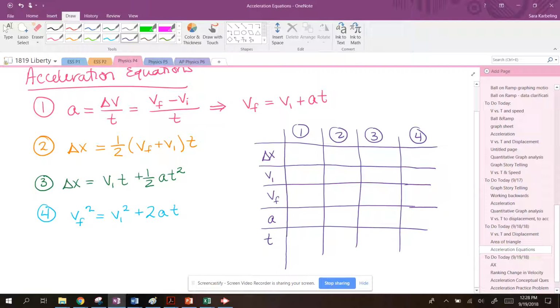So does equation 1 have delta X? No, it does not. Does it have VI? It does. Does it have VF? Indeed. How about A? And how about T? Okay. I want you to fill in the other 3 columns. Go ahead and do that real quick.